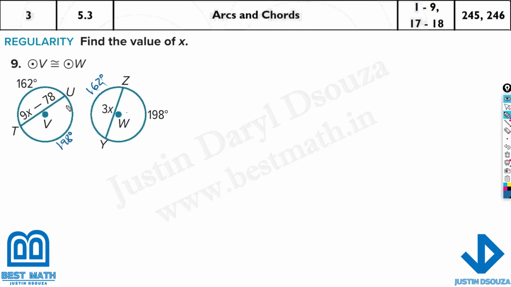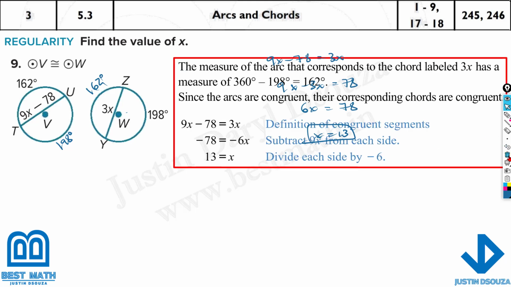So these arcs are also equal, so the chords must be equal. 9x minus 78 will be equal to 3x. Let's solve it. 9x minus 3x is equal to 78. It's 6x is equal to 78, so x is 13. And that will be the answer. You can just use the calculator and get the answer from the first step itself, but otherwise x is 13.